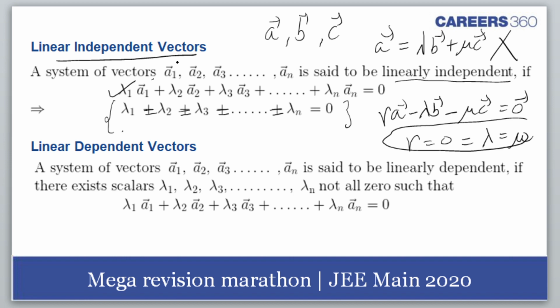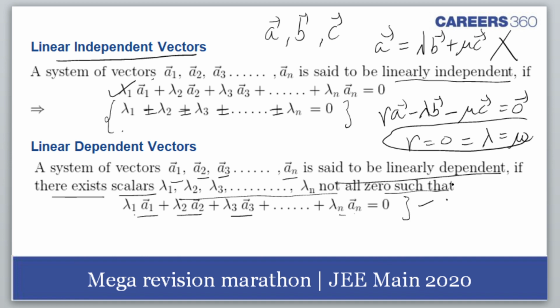Now, linearly dependent vectors would be in the other sense of it. A system of vectors a1, a2, a3, ..., an are said to be linearly dependent if there exist scalars, not all zeros, such that lambda1 a1 + lambda2 a2 + lambda3 a3 + ... + lambda n an is equal to 0.